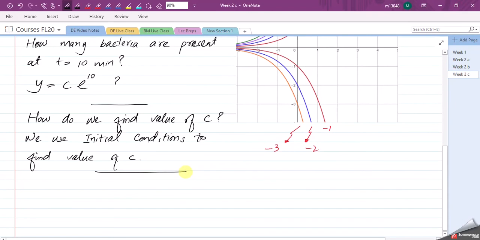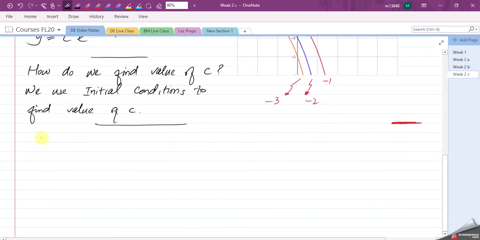What are initial conditions and where do they come from? It will come from the data we observe or note at the start of the experiment. For example, let's say at the start of the experiment or observation, there were 2 bacteria present at time t0.